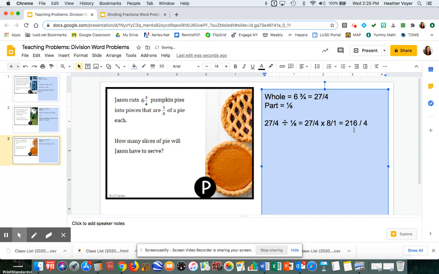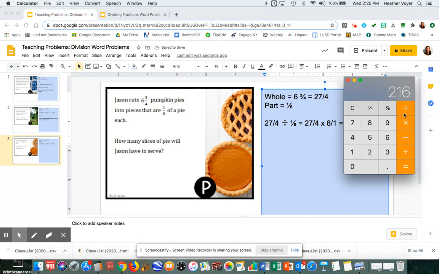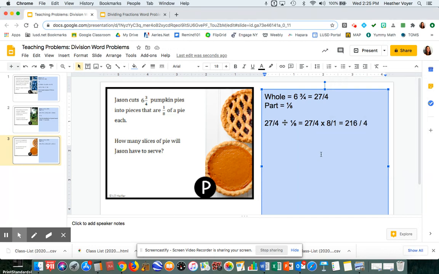Well, this is an improper fraction, and 216 divided by 4, I think it's actually going to go in evenly. 216 divided by 4 is going to give us 54 slices. So I could say Jason would have 54 slices of pie.